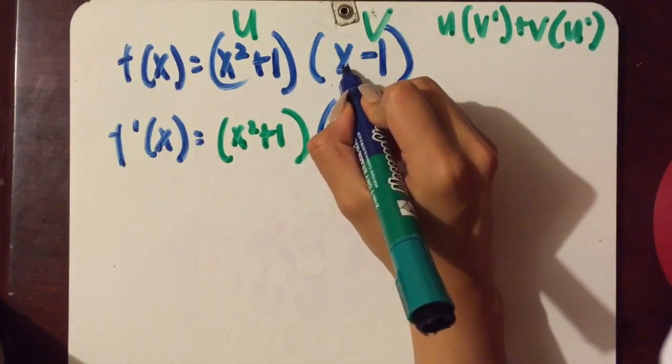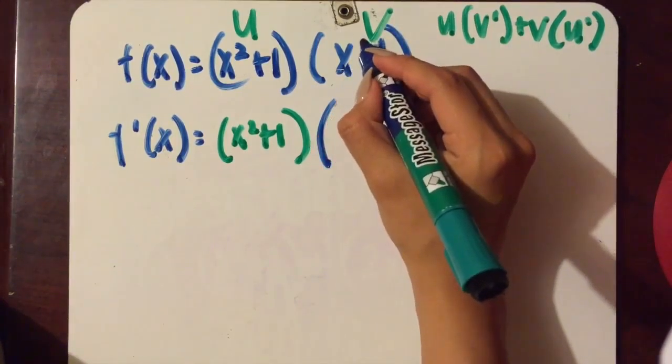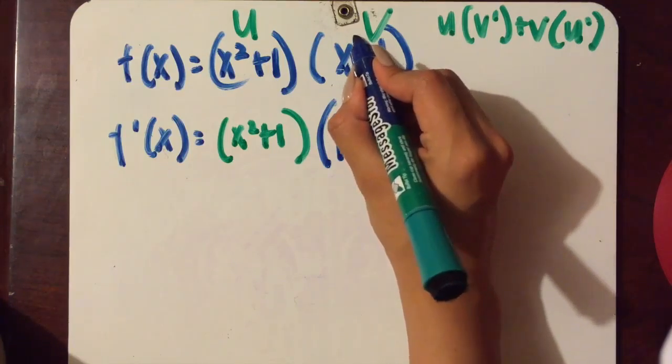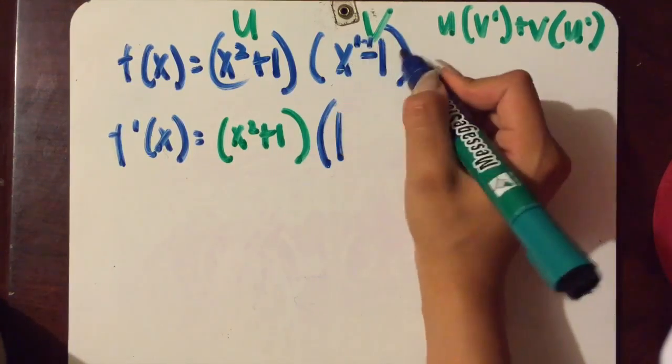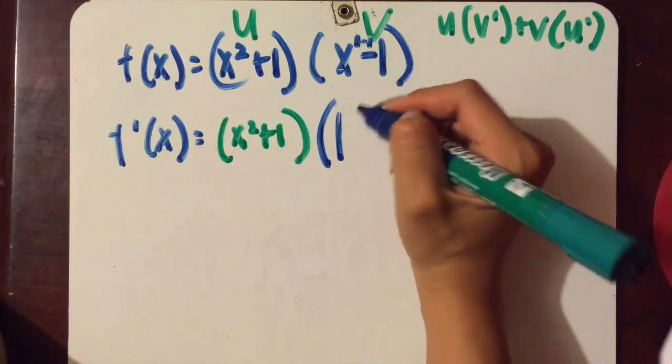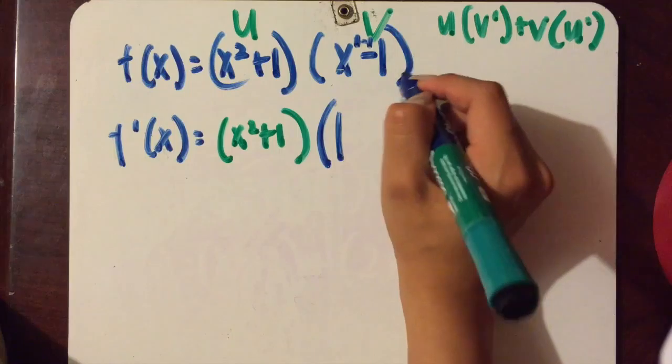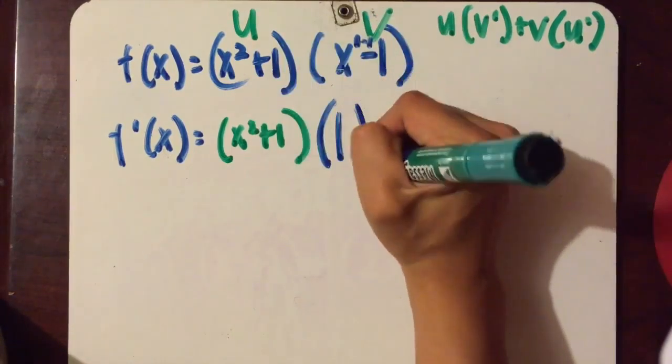well, the derivative of x is just 1 because we bring down the 1, and if we subtract, this technically has a 1, so 1 minus 1 is 0, and x to the 0 is just 1. And the derivative of a constant will always be 0, so that's just 1.